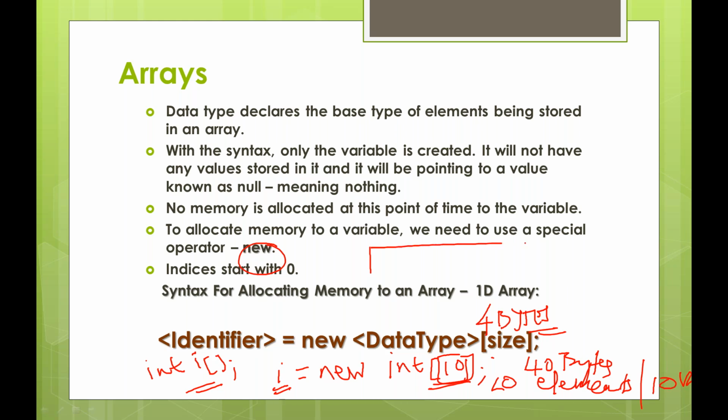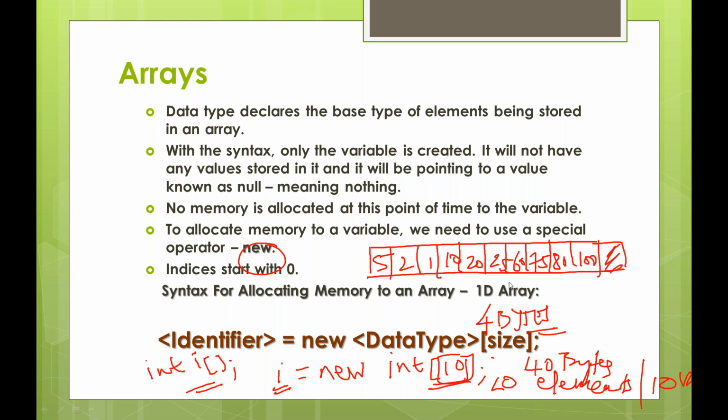Let us see how those things are specified here. 1, 2, 3, 4, 5, 6, 7, 8, 9, 10. Say for example 5, 2, 1, 10, 20, 5, 25, 60, 75, 80, 100.